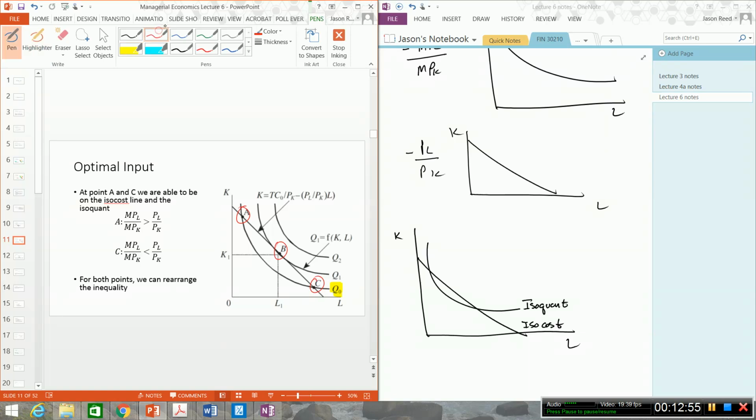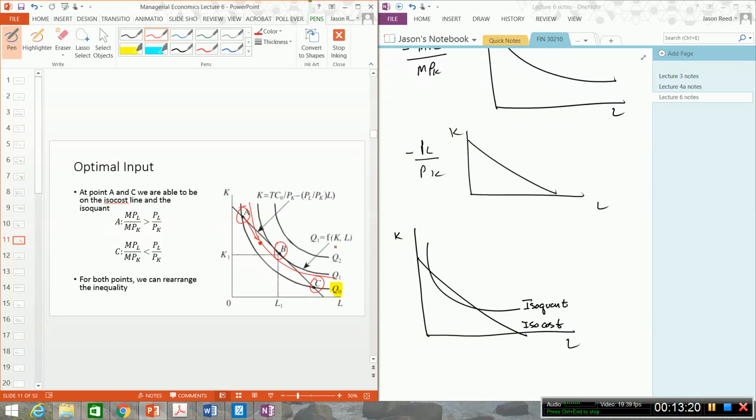And if we just think about this really quickly, if we moved in from point A to a new point right here, would we not be better off at this new point? Is it not higher up on our isoquant, and is it not within our budget? If this point exists and this isoquant exists like this, then it means that we should be allocating resources in a different way.